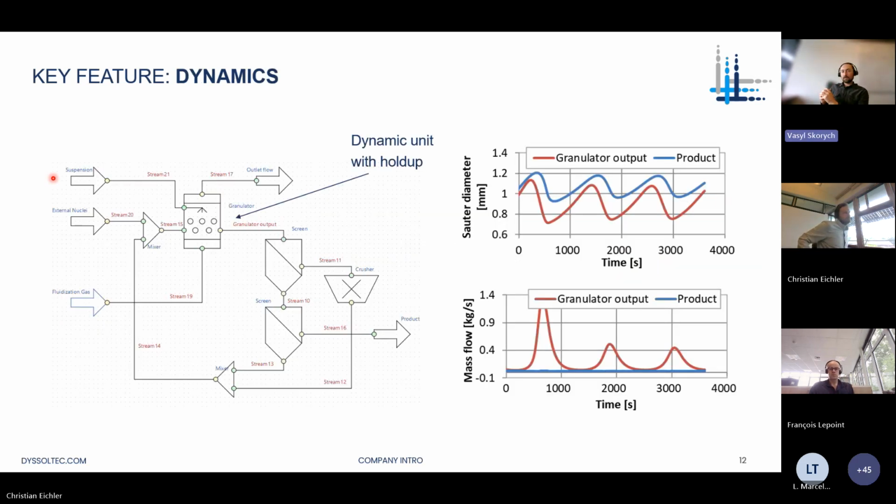Another important feature, of course, is the dynamics. We can do what our competitors do. They provide a way to calculate the steady state of the process, meaning we plug some input into the process and obtain one output at the end.